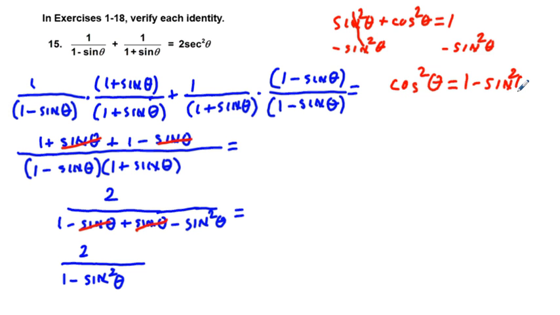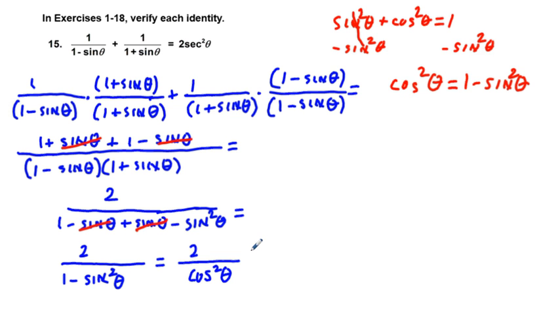Well, how does this help us out? It helps us out because we can replace this 1 minus sine squared theta in the denominator, so you have 2 over cosine squared theta.